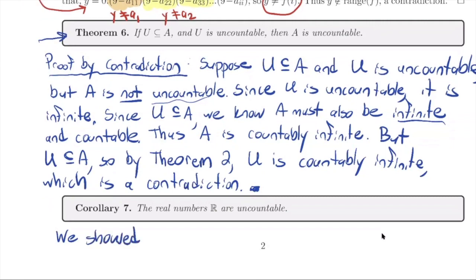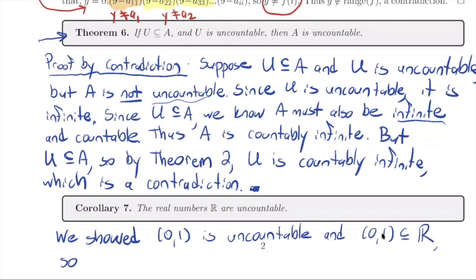And so to prove this corollary, we showed that this is uncountable and this is a subset of the real numbers. So therefore, the real numbers are uncountable.